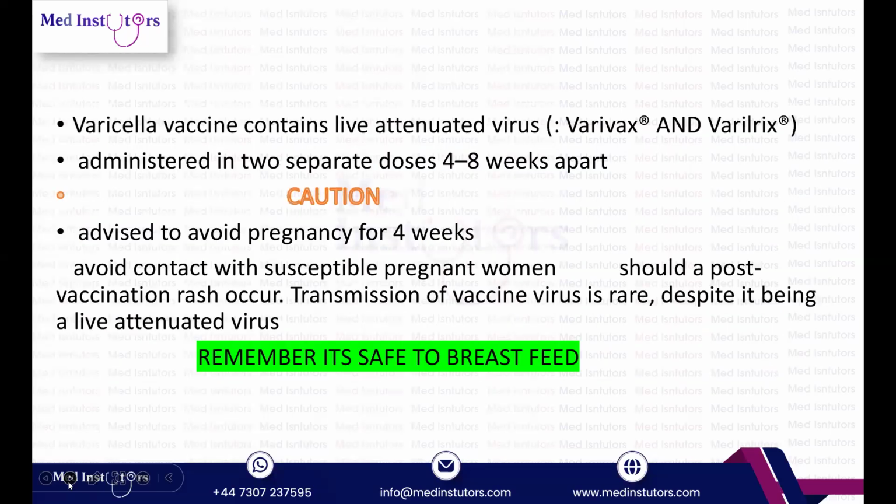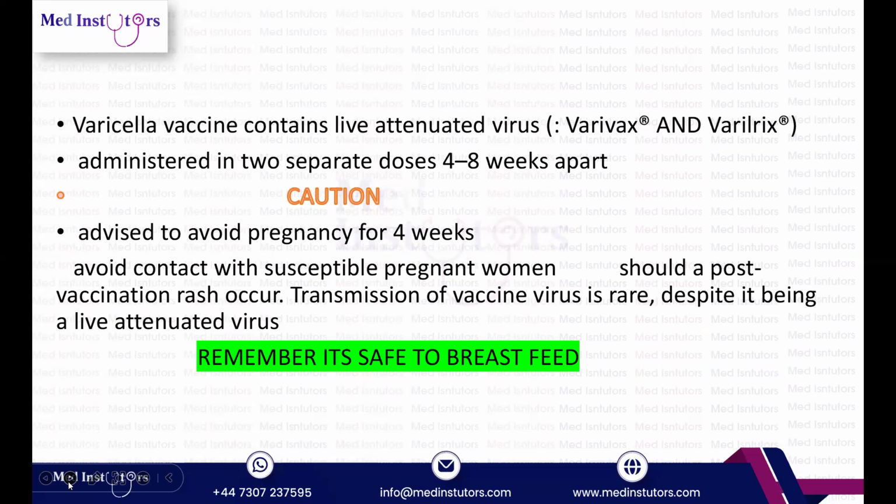Why are we giving it pre-pregnancy and post-pregnancy? Why not in pregnancy? Because the varicella vaccine has a live attenuated virus in it. There are two types of vaccine, the Varivax and the Varilrix. They can be administered in 2 doses, and the doses should be at least 4 to 8 weeks apart.